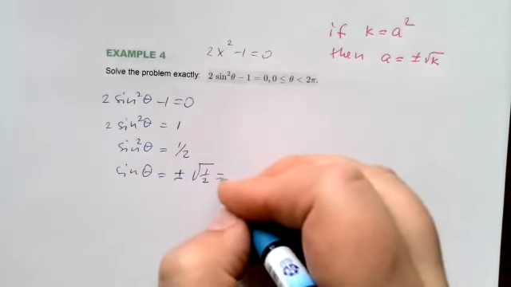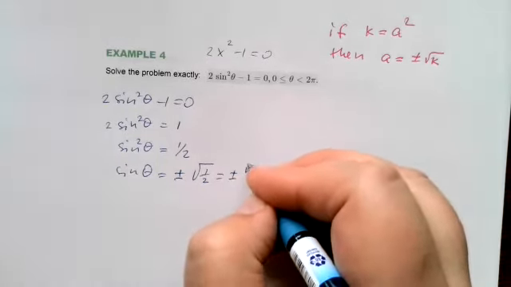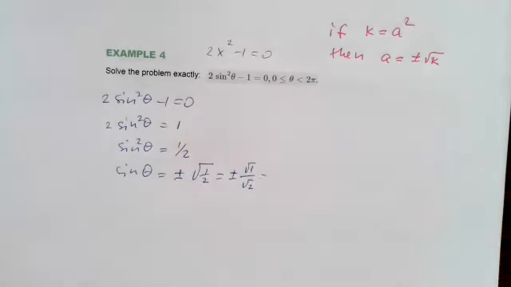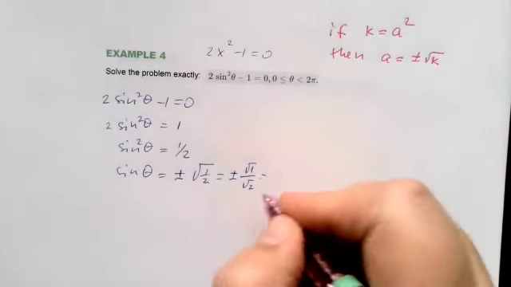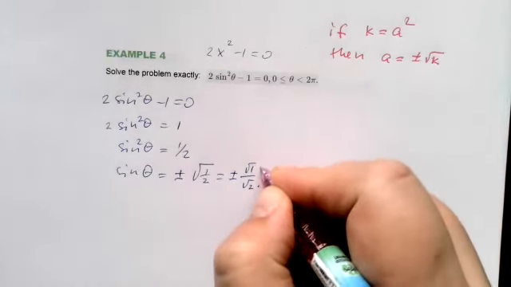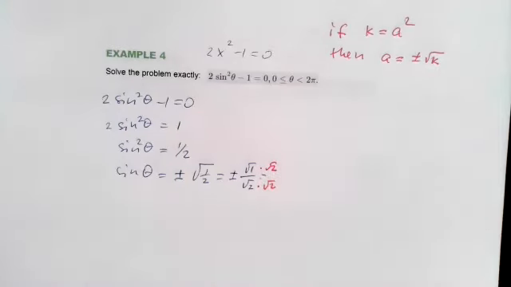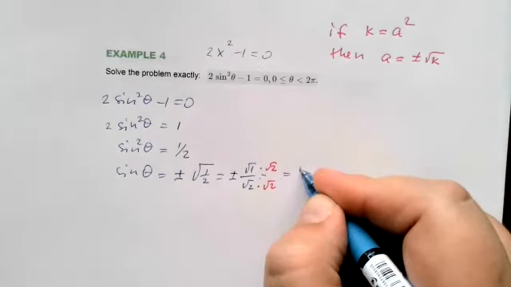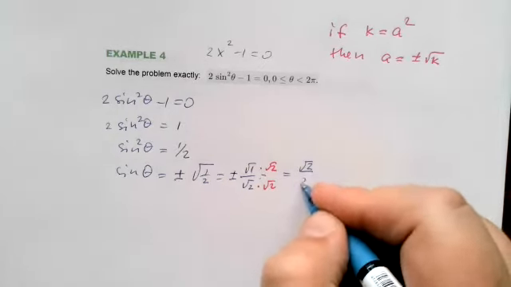Now, what does that equal to? We could separate the roots, and to rationalize the denominator, we would multiply the top and the bottom by the square root, and that will give us root of 2 over 2.